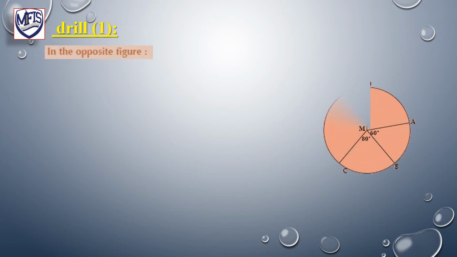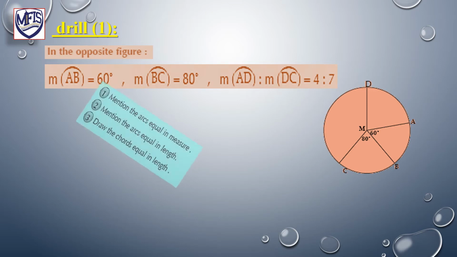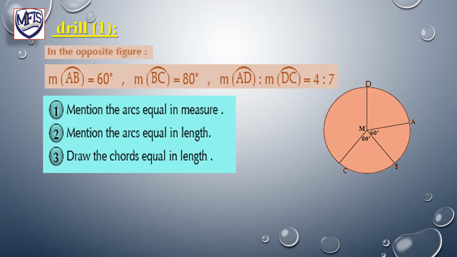Drill number 1. In the opposite figure, measure arc AB equals 60, measure arc BC equals 80, and measure arc AD to measure arc DC equals 4 to 7. Now mention the arcs equal in length.